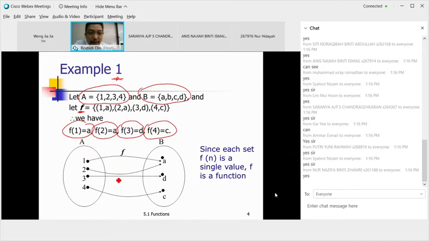Through this figure. You look at this one. 1 maps to A, 2 maps to A, 3 maps to D, 4 maps to C.